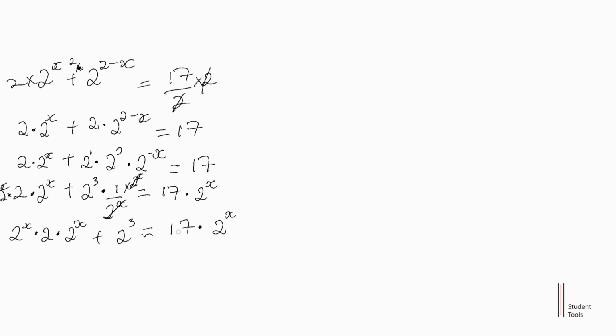So now we have like terms. So this and this. Okay, so here we'll add the indices. So we'll have 2 to the power x plus x, that is 2x, multiplied by this 2, plus 2 to the power 3, that is 8, equal to 17 multiplied by 2 to the power x.